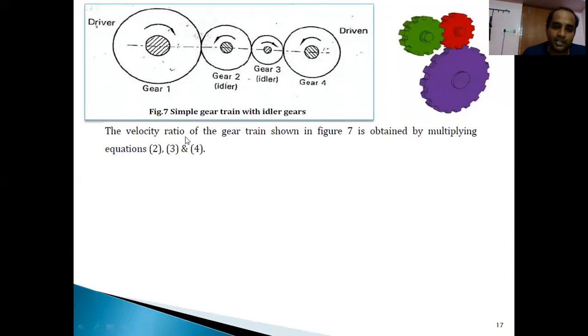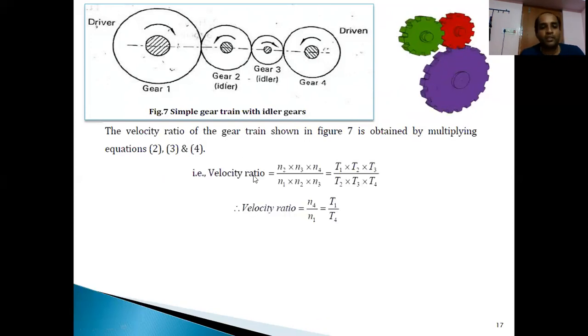So ultimately we come to the point where we multiply all of them together, equation 2, equation 3 and equation 4. What do we get? When we multiply N2 by N1, into N3 by N2, into N4 by N3, we get T1 by T2, into T2 by T3, into T3 by T4.